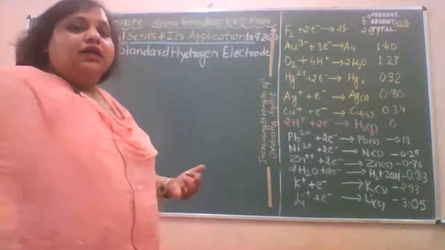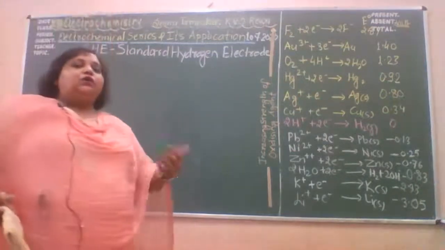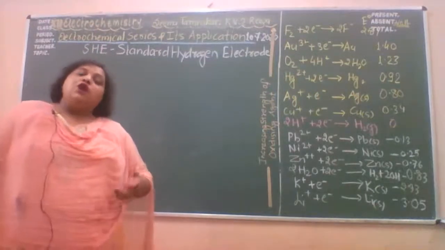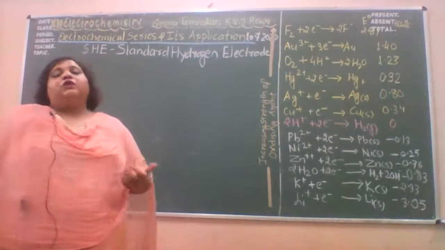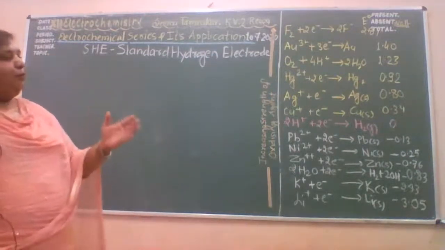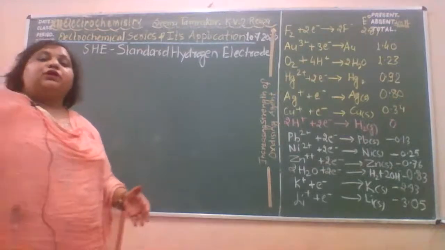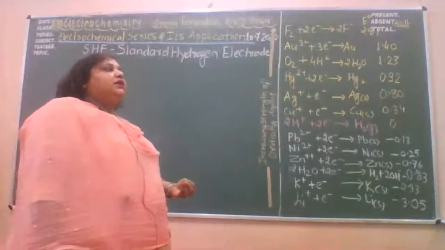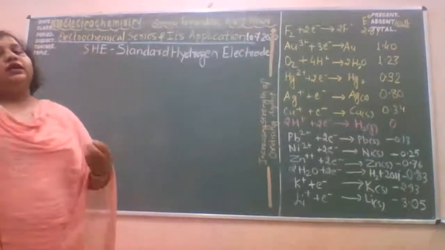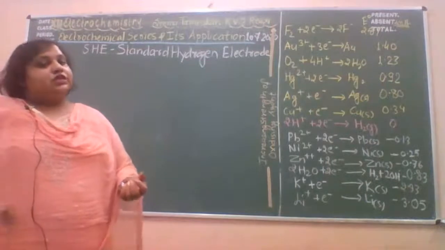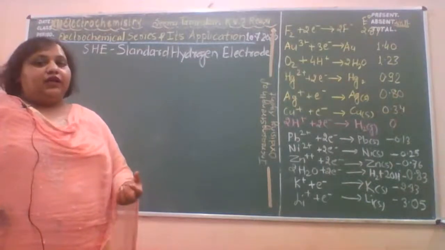What is the electrochemical series? It is the arrangement of different elements on the basis of their electrode potential. As we move top to bottom, the electrode potential decreases, right? The very important thing is that the standard electrode potential, that is the standard reduction potential, decreases.